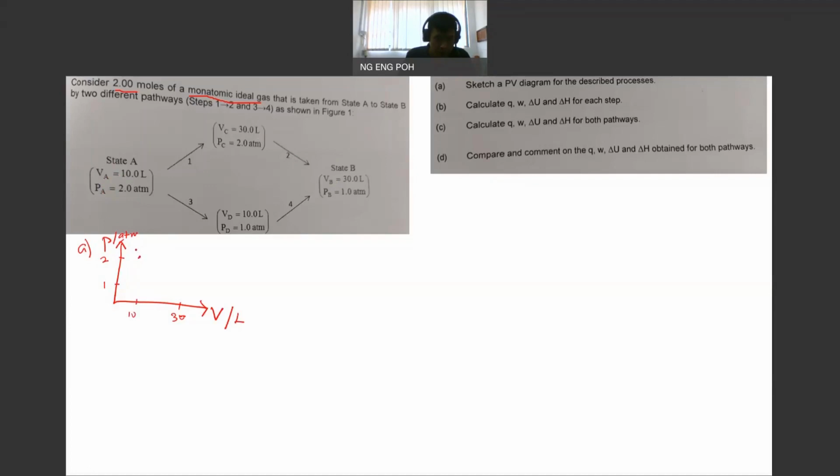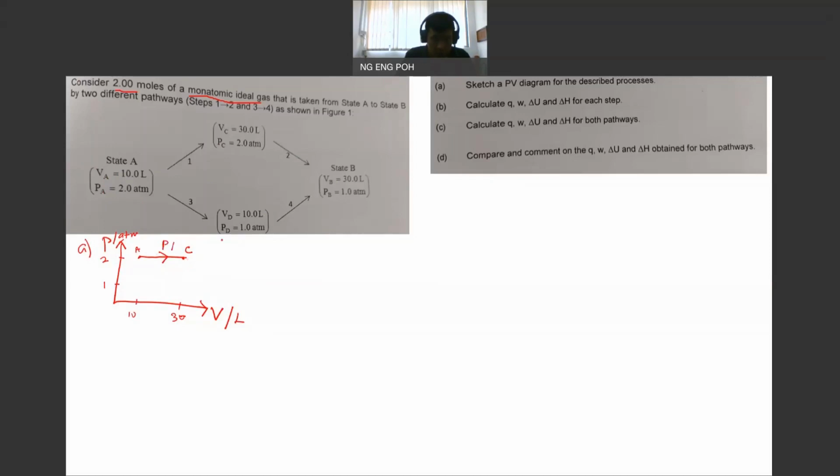So this is A. Then for C, this is 2 atm and 30 liters. So this is C. This is pathway 1.